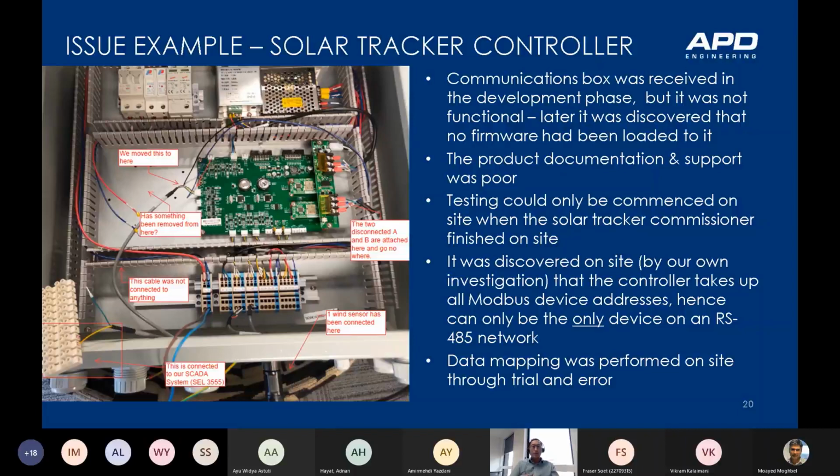Testing could only be commenced on site when the solar tracker commissioner completed his job, so we had to wait for that to happen. The equipment representative was technical, but more on the overall system and mostly mechanical and LV electrical, so by no means a control specialist. As a result, it was difficult to get stuff done.